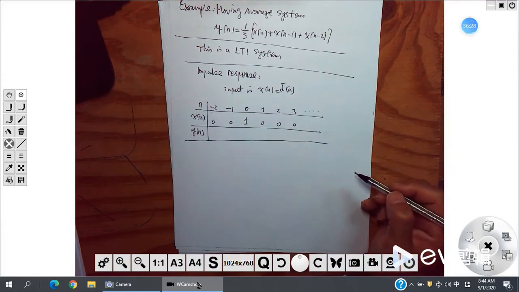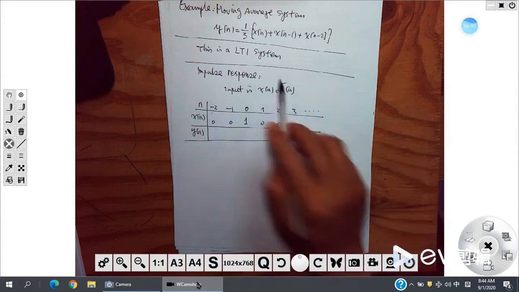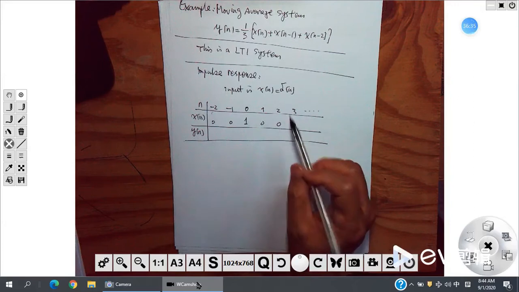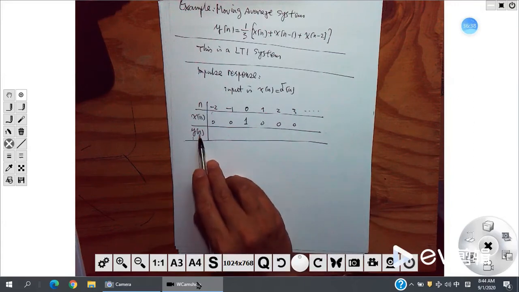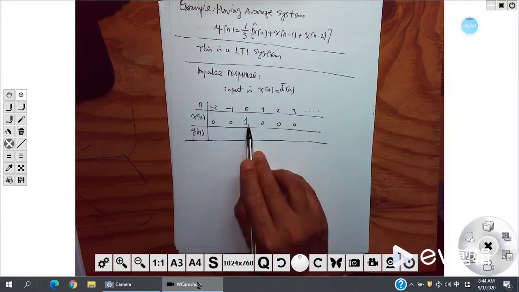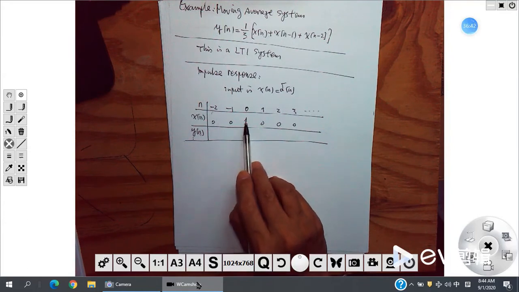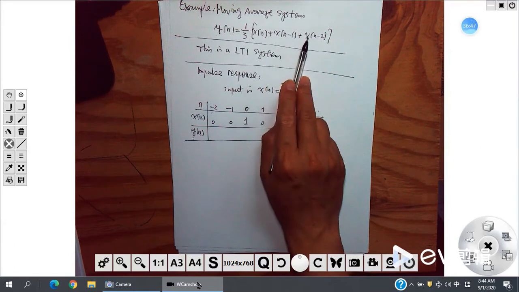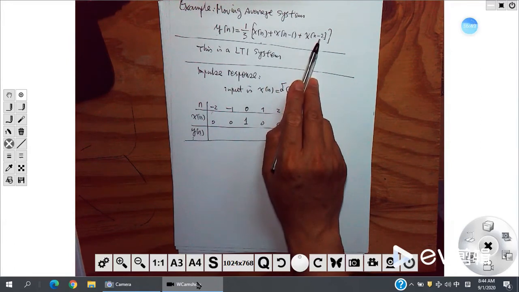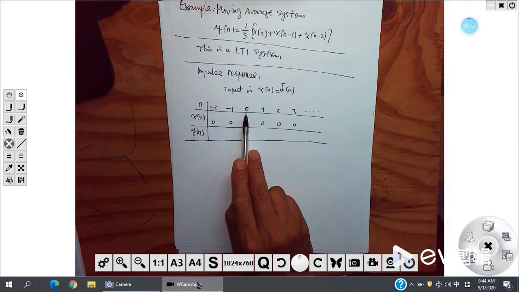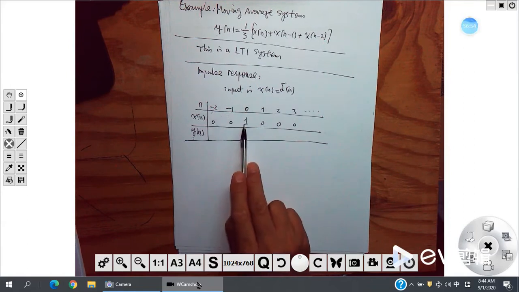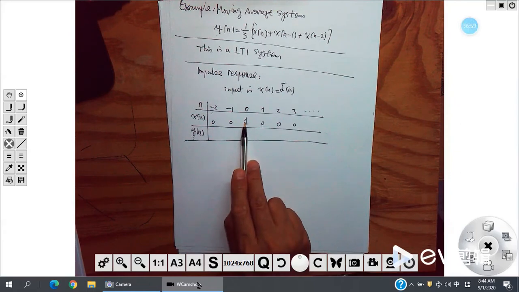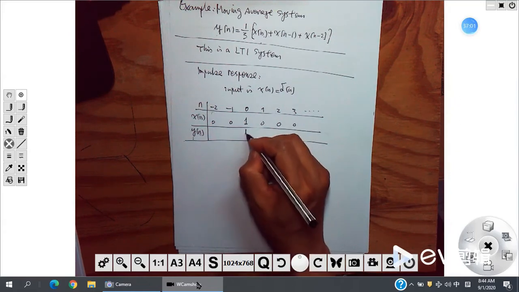Okay, this is x. Then what is y? y is a summation of 3 terms, take the average. Like y of 0: you take the summation of x of 0, x of -1, x of -2. So here n equals 0, -1, and -2. You take the summation of these 3, then take the average. So here it's 1/3.